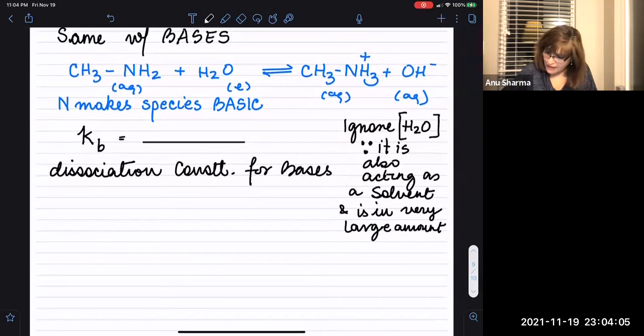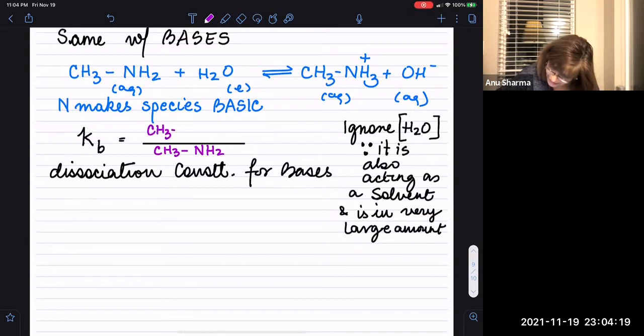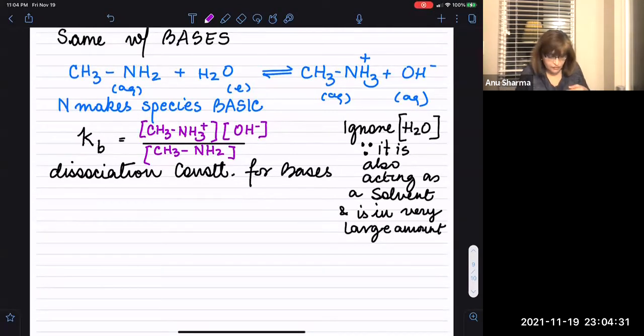So here then we have the base, which is CH3NH2. Okay, and here you have CH3NH3 plus, concentration of this guy, and the concentration of OH ions. Okay, so that is the value of Kb.